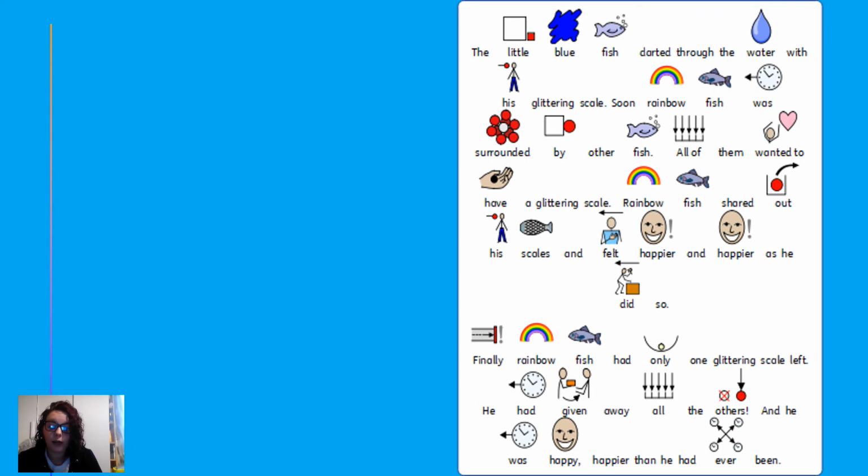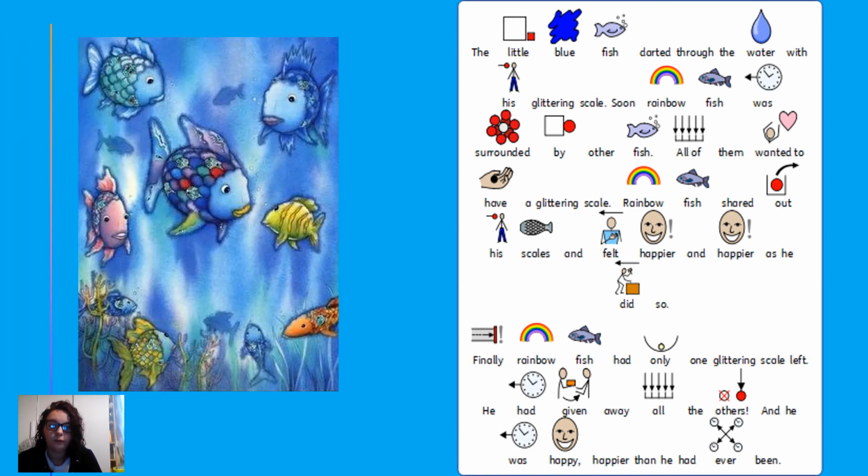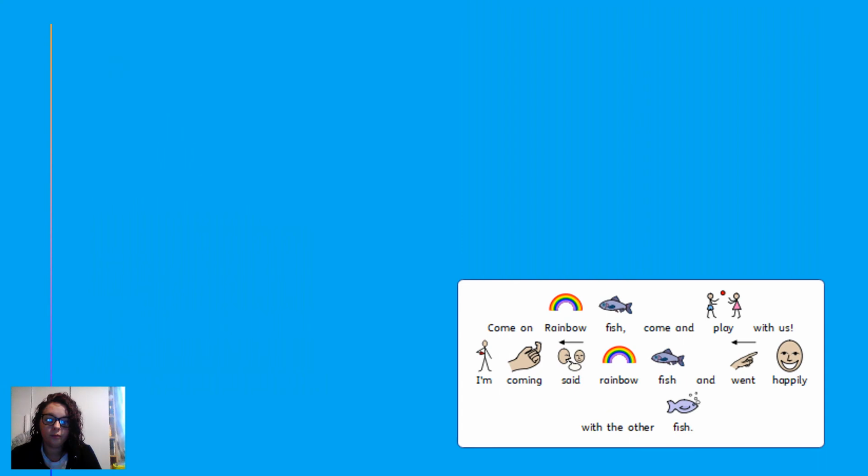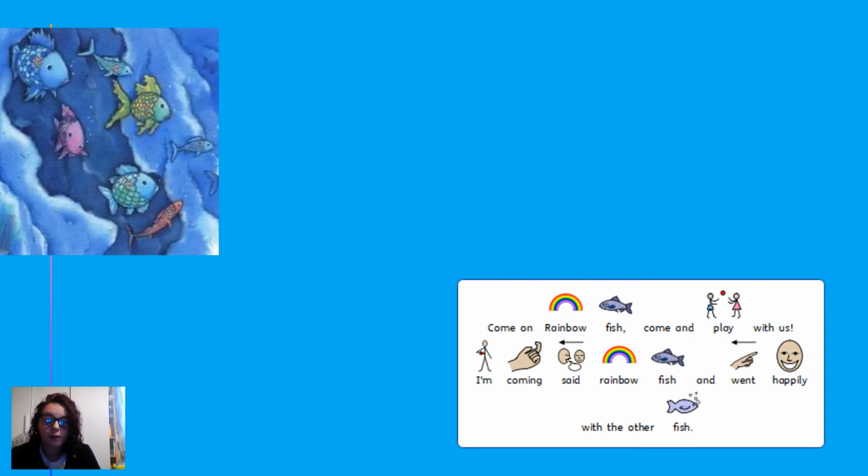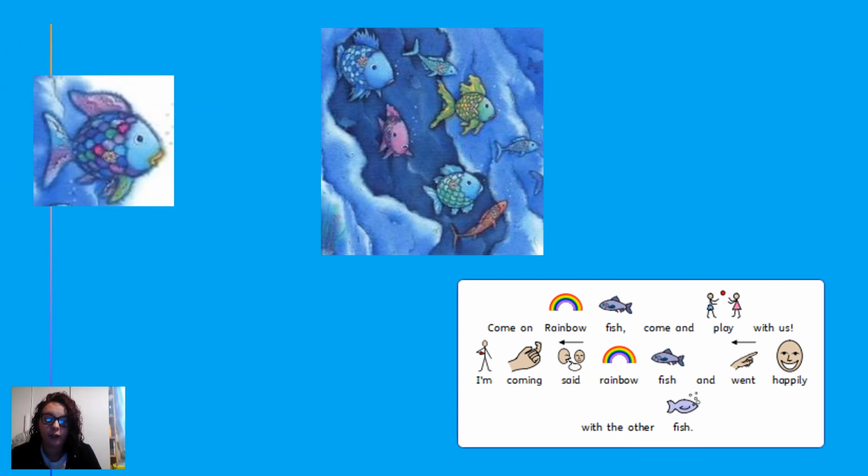He had given away all of the other scales, but he felt happier and happier than he had ever done before. Come on, Rainbow Fish, come and play with us. I'm coming, said the Rainbow Fish, and the Rainbow Fish went to play with the other fish.